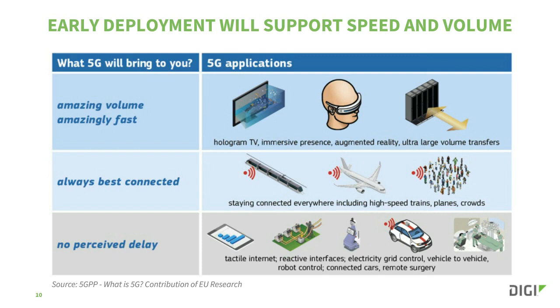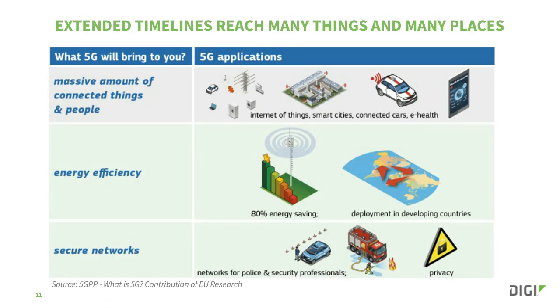Tactile, more interactive things. And then when you get into the extended timelines and you start to look at deployments in broader areas, you can get to the massive amounts of things, both in cities and in maybe rural applications, agriculture, and things where you might have massive amounts of data that you need to get from a wide range of sensors. And of course, security is going to be an issue on everything.